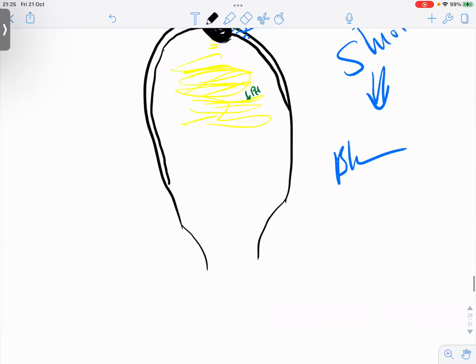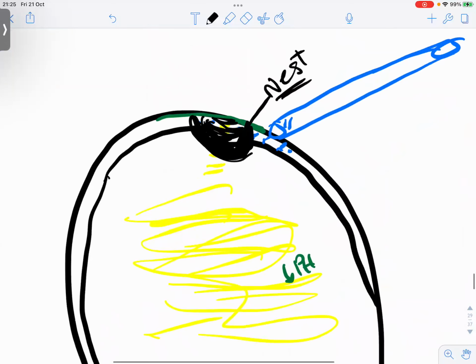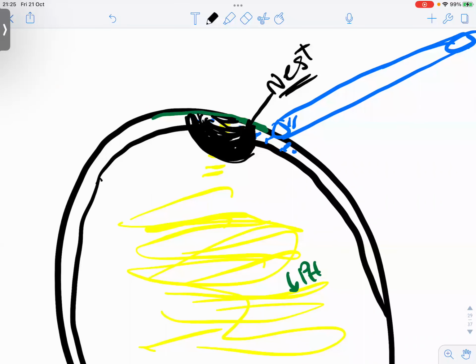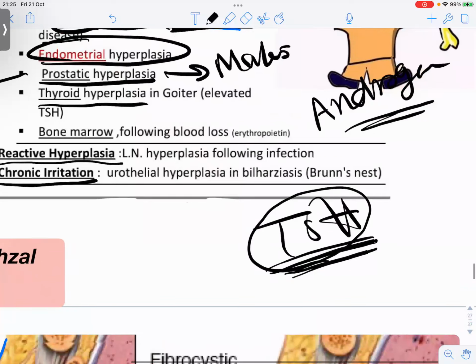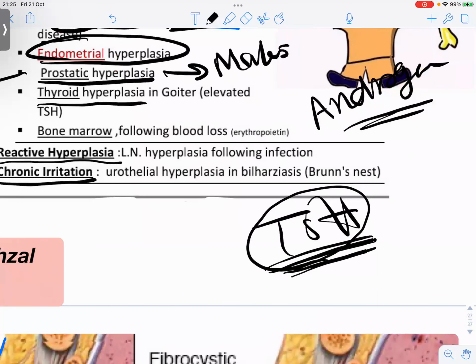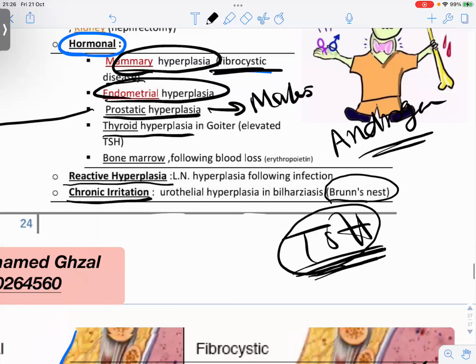Here the cells of the outer epithelium are depressed, increase in number and are depressed inside, so it forms a nest. The scientist who discovered this formation is named Brunn, so it's called Brunn's nest.